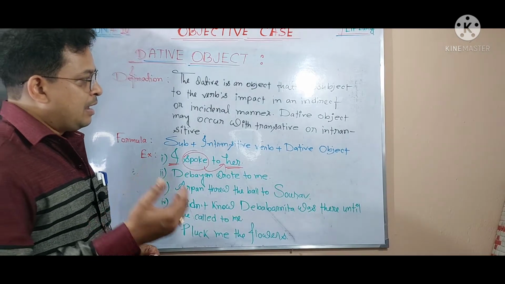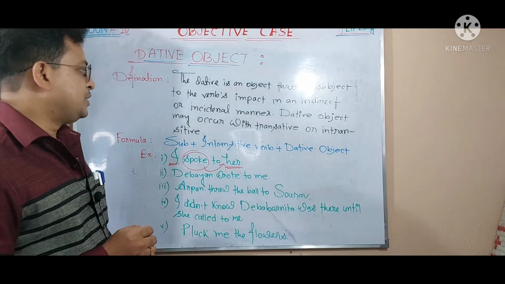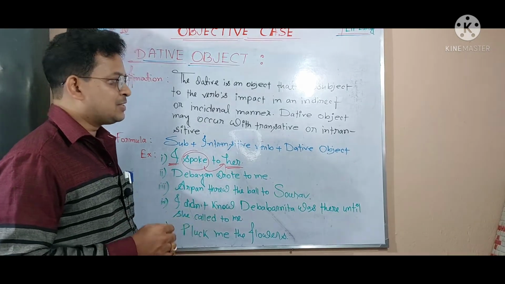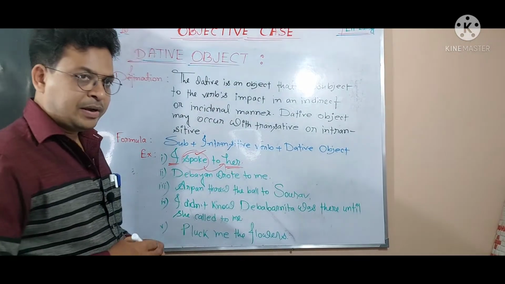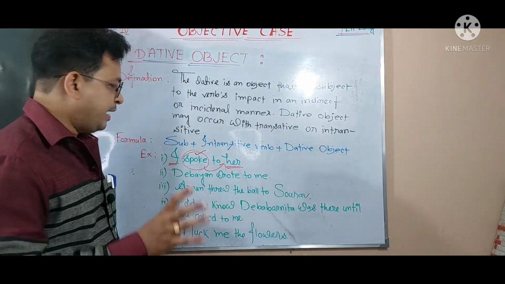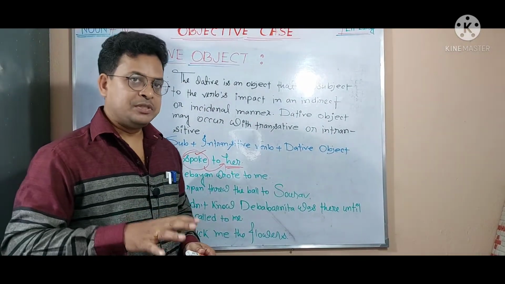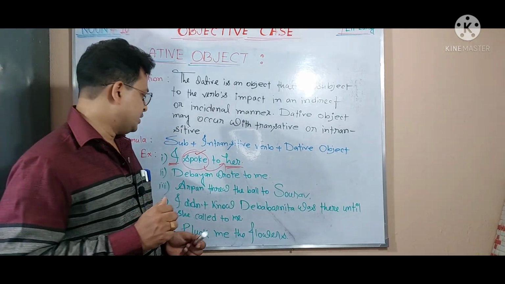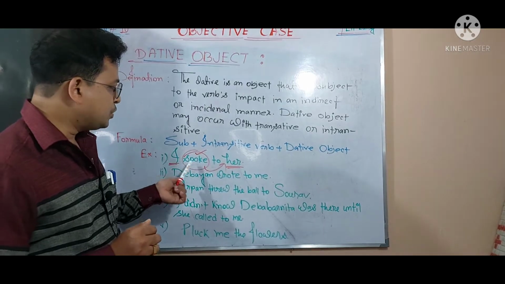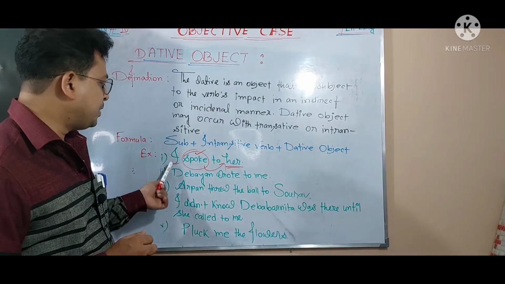Again, it is said that a dative object may occur with a transitive or intransitive verb. You know very well what a transitive verb is and what an intransitive verb is. A verb which has an object is called transitive, and which has not, that time it is called intransitive. Here is one example: I spoke to her.